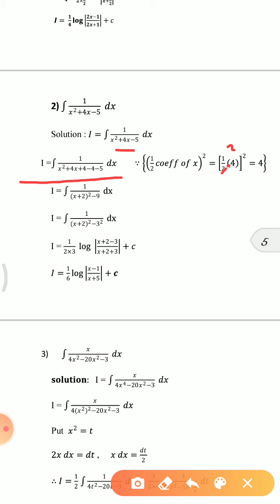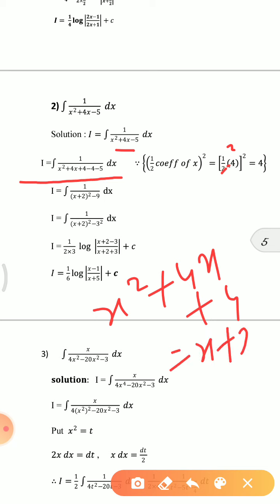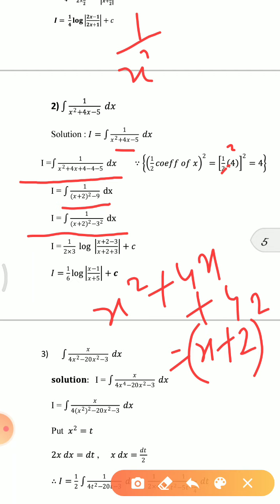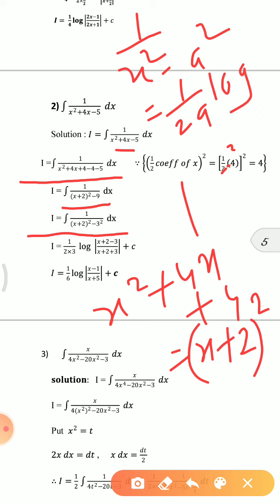Then x square plus 4x plus 4 is in the form of (x plus 2) the whole square, and minus 4 minus 5 is equal to minus 9, and 9 is 3 square. That means the integral becomes 1 upon (x plus 2) the whole square minus 3 square dx. Again we apply the integration of 1 upon x square minus a square, which is equal to 1 upon 2a log of (x minus a) upon (x plus a).